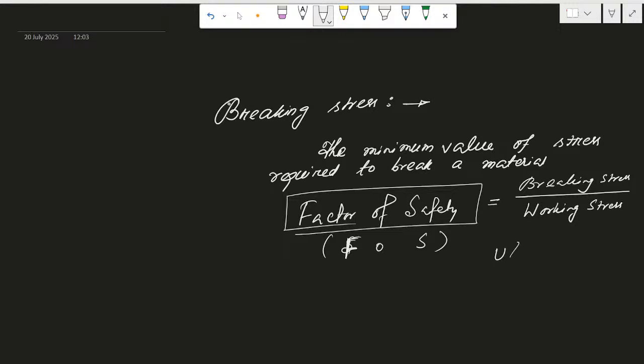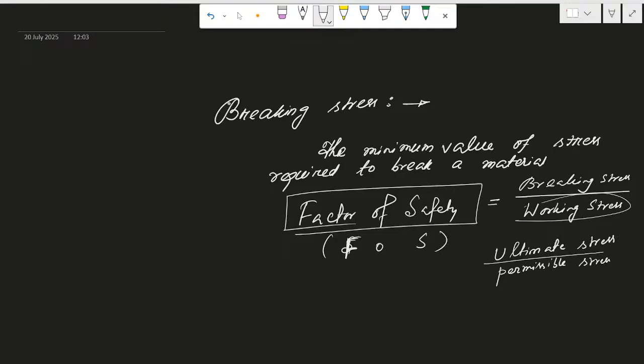Ultimate means the breaking stress, so ultimate stress by the permissible stress. Now you may ask, what is this working stress, or permissible stress? When you are designing, meaning you are making a structure and doing all the necessary calculations, we should calculate how much stress the structure can safely withstand.